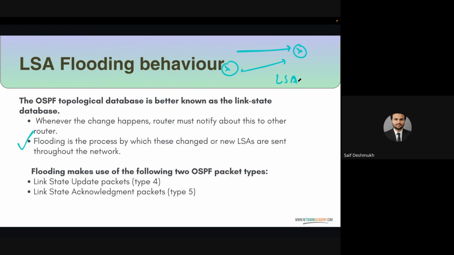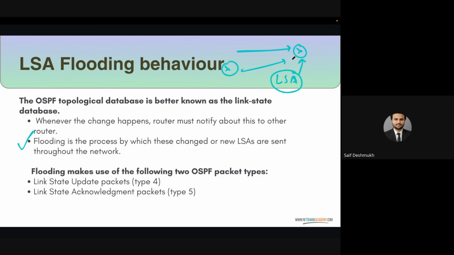Please don't get confused, I'm not talking about packets; I'm talking about update packet information, which is link state advertisements. LSAs have certain things inside which tell the receiving end, this is the new information, you should process it first and dump the older information.